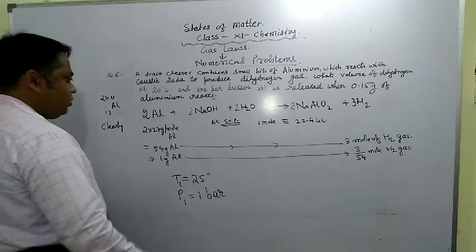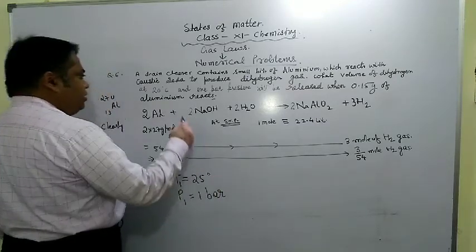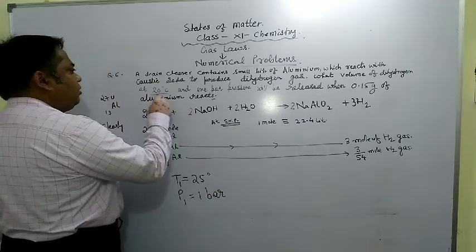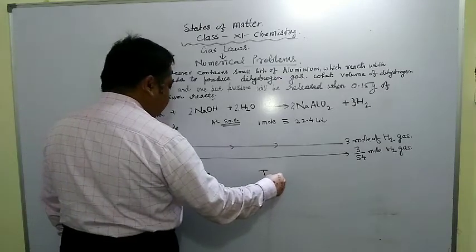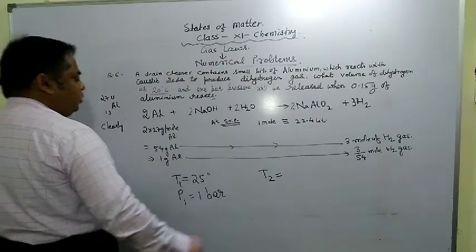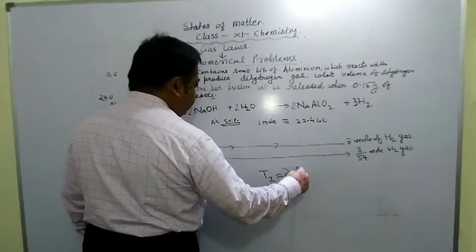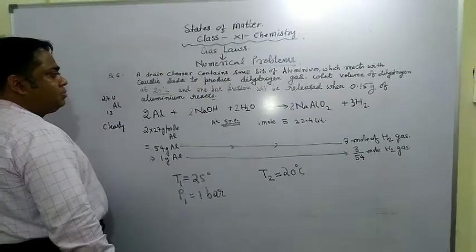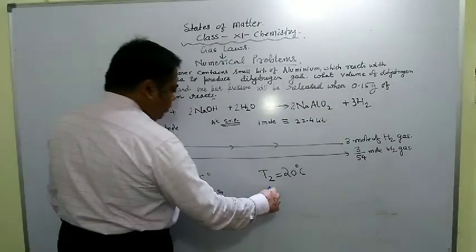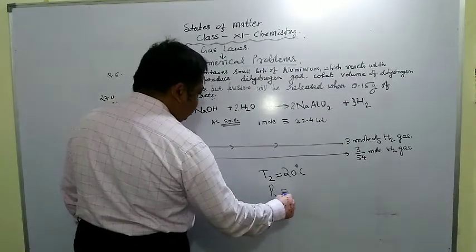Now the condition given over here is 20 degree C, so T2 is equal to 20 degree C, and P2 is also equal to 1 bar. Pressure is not changing.